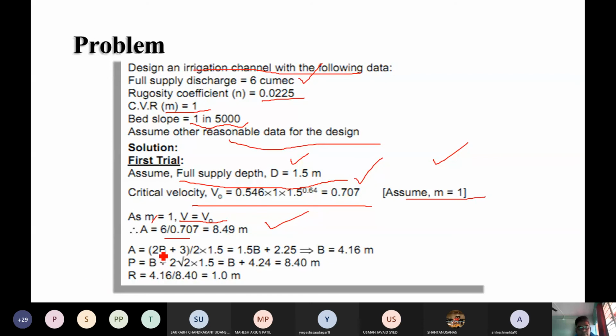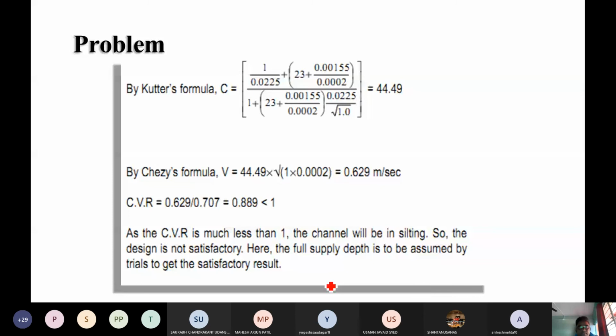Then area is (2b plus 3 by 2) into the 1.5, the depth, and as per this depth you find out the b value, that is now 4. Please do the calculation and check the calculation. Also find out the perimeter, b plus 2 root 2 into d, and find out the R value, which is A by P, and it is now 1.0 meter.